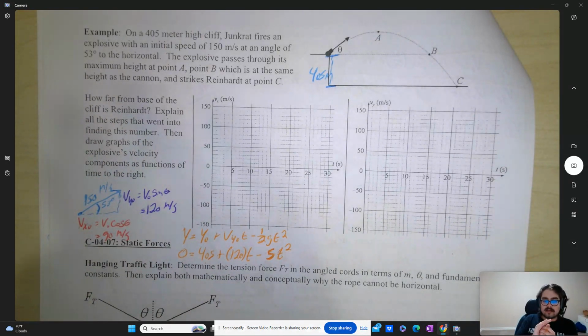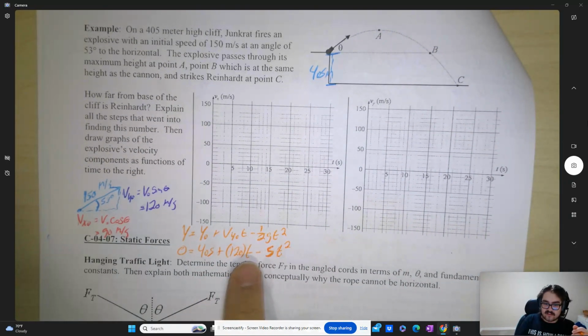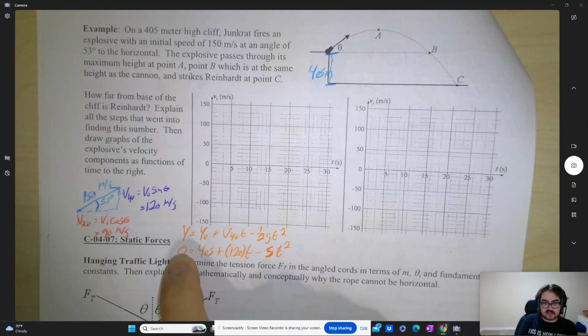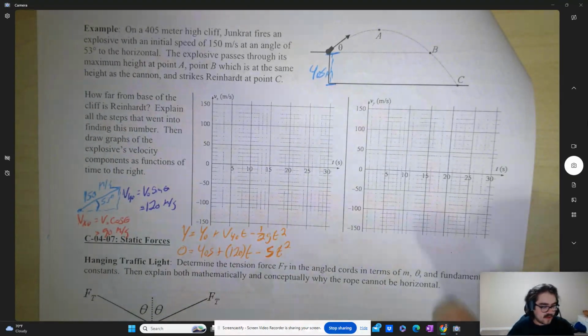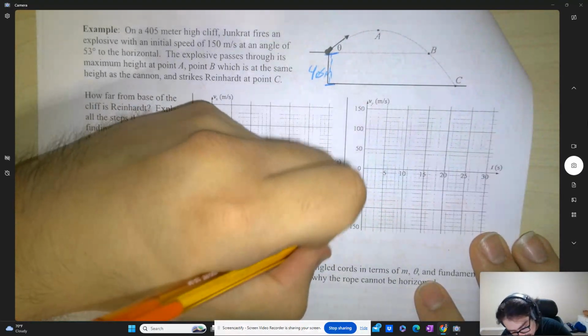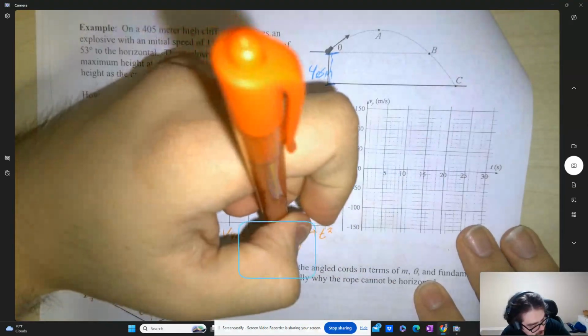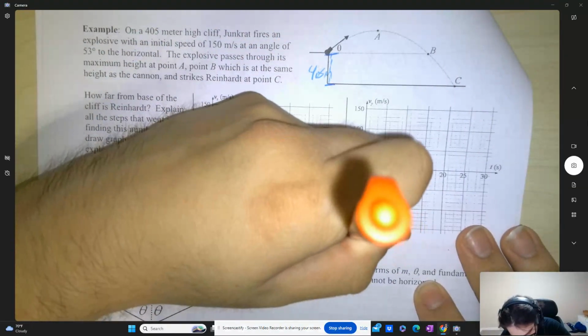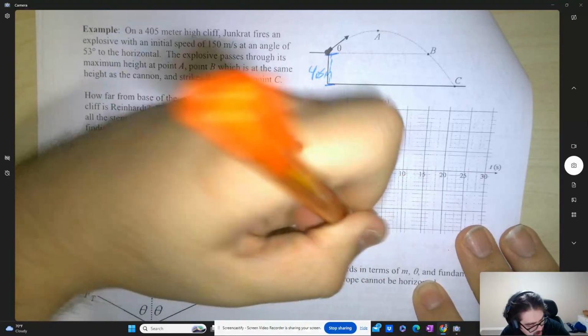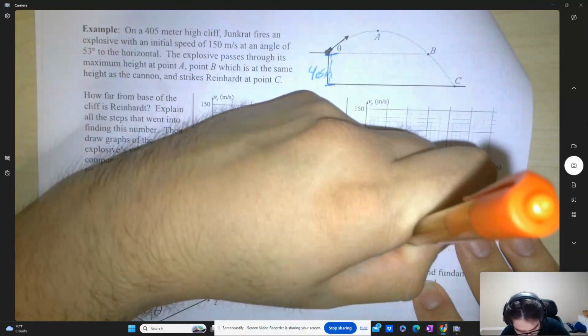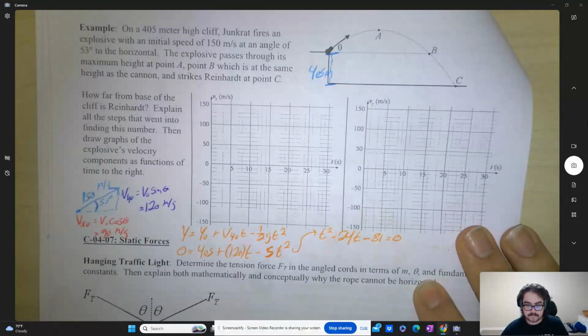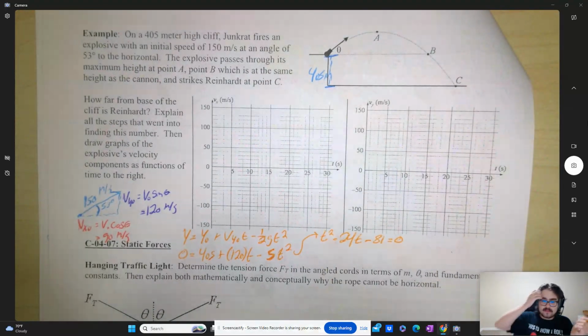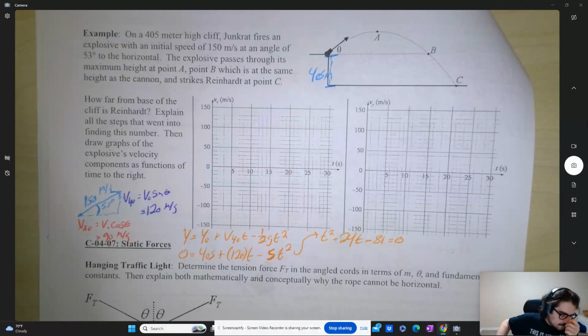However, I'm going to make it a lot easier because these are really big numbers. All of these are divisible by 5, so if we divide by 5 on both sides, which isn't going to do anything to the 0, you should end up getting t squared minus 24t minus 81 equals 0.